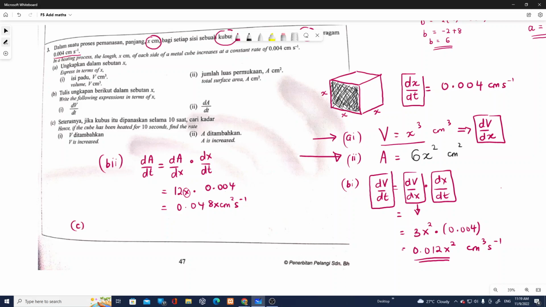Seterusnya, jika kubus itu dipanaskan selama 10 saat, cari kadar V ditambahkan.